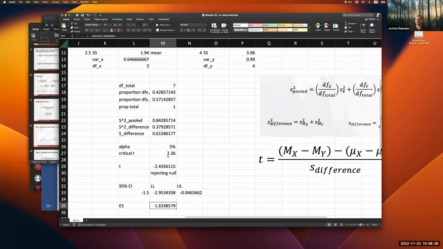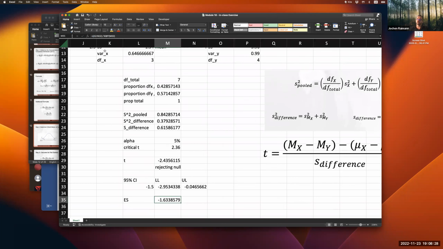Sorry, my bad. So this is now negative. As we know, the effect size is independent of a direction, of a sign. So we need to set this to an absolute value.